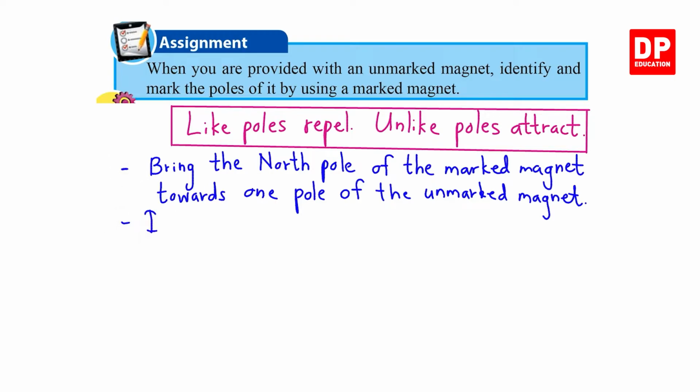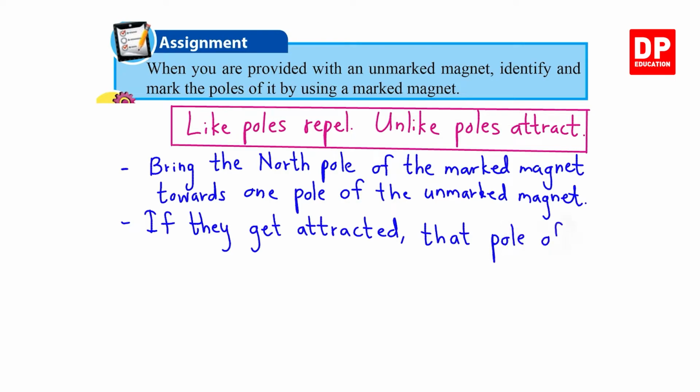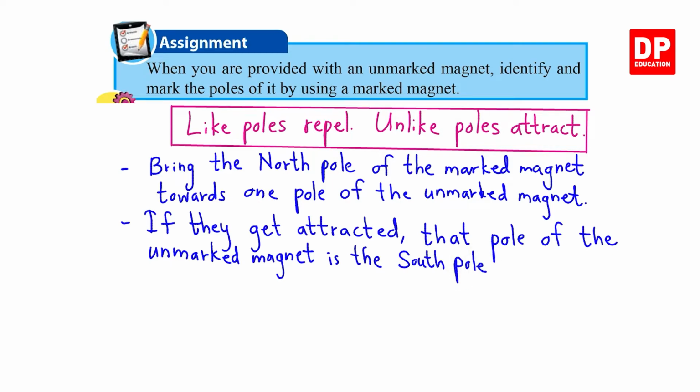If they get attracted, that pole of the unmarked magnet is the south pole, which means the other pole is the north pole.